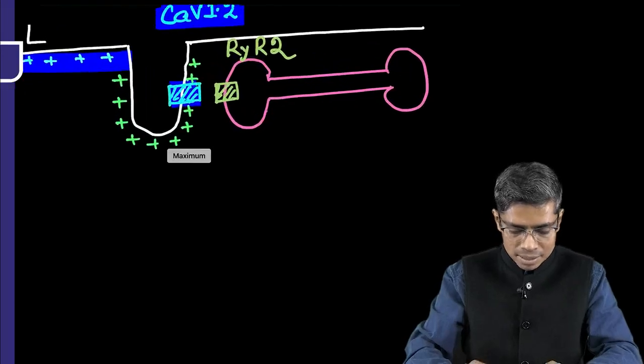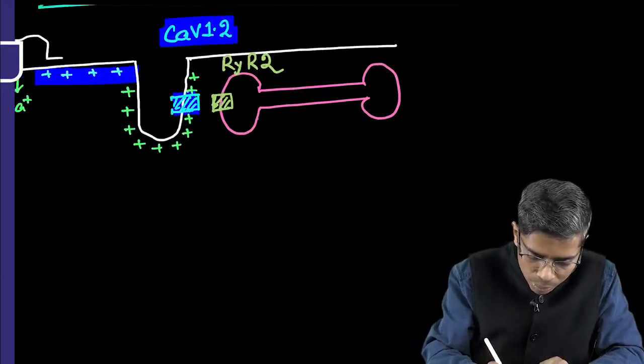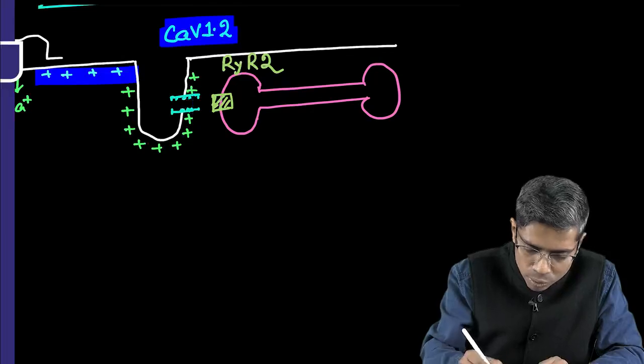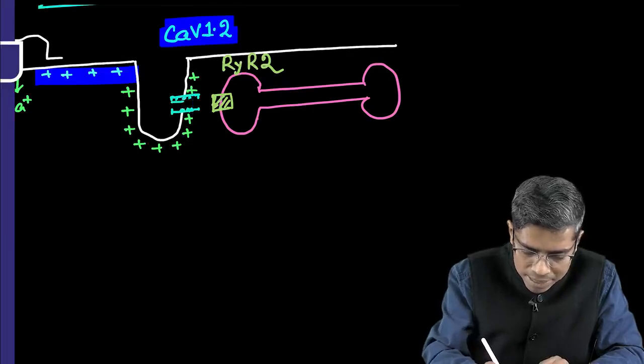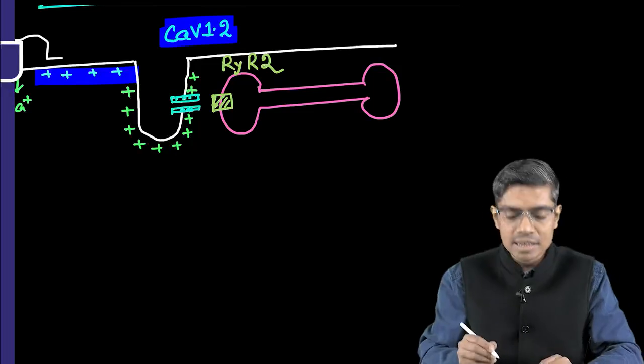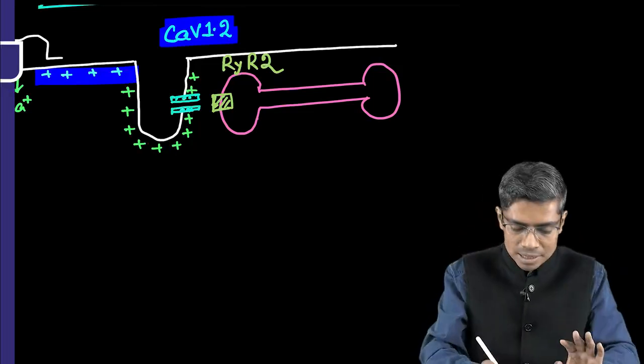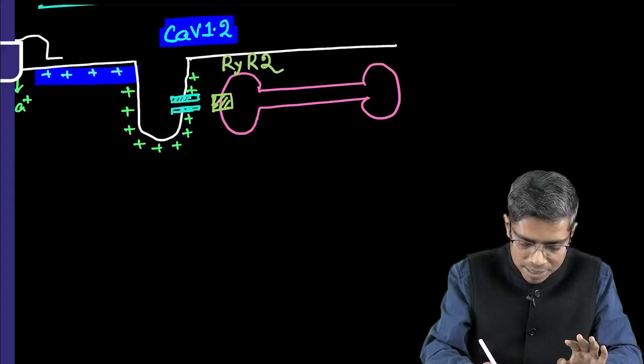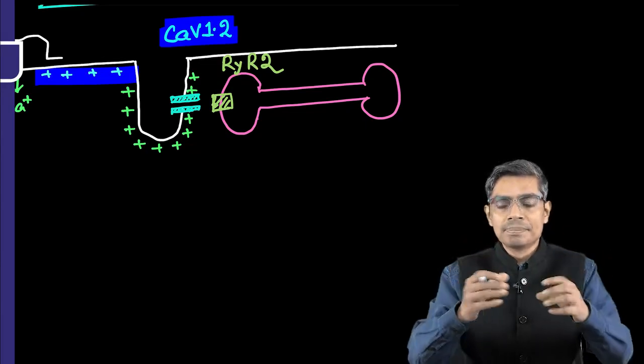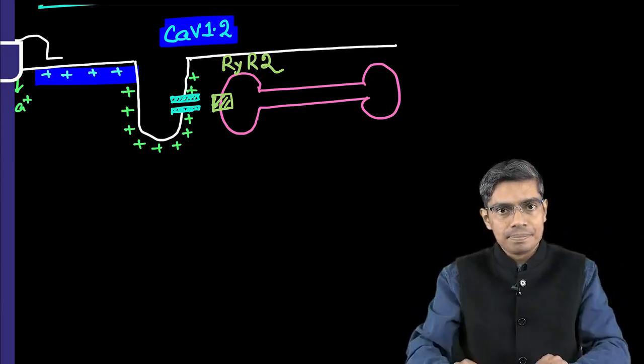This opening up was not happening in case of skeletal muscle. The DHPR channel was never opening in skeletal muscle because that is a separate subvariety. But in cardiac muscle, whenever this DHPR is activated, it opens up itself.